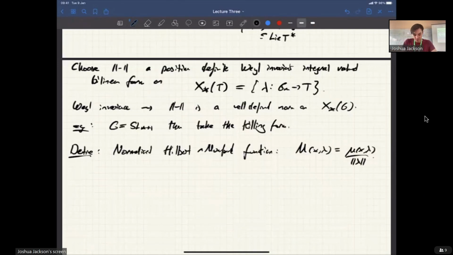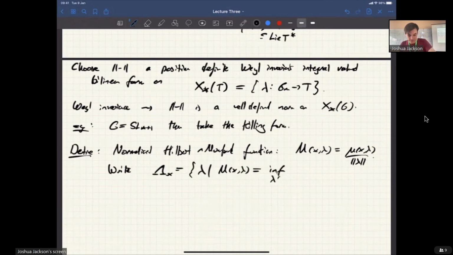This is going to be the right thing to try to maximally violate the inequality. Let me write capital lambda x to be the set of lambda such that you achieve the infimum of this function. A priori, this thing might not be bounded.